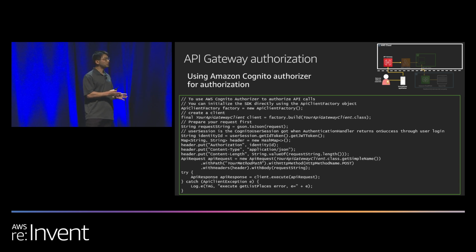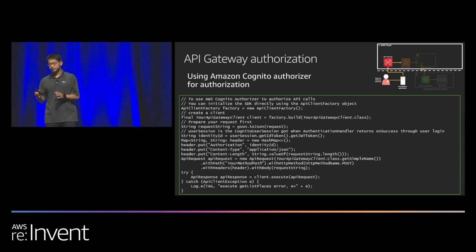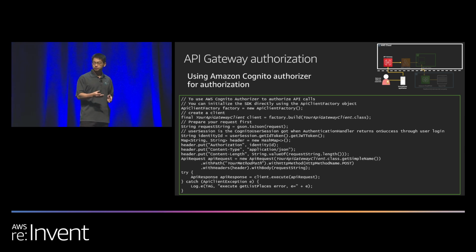The implementation is going to be a little bit different because this time, when we create this API client factory, we have to give this token to the HTTP header. We can get this token from the driver session. Whenever a driver logs into Cognito with their username and password, we can get the user session. There is a JWT token associated with that session.